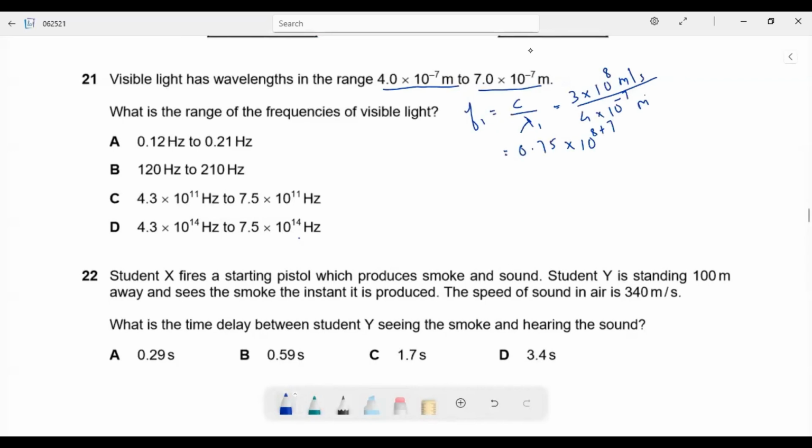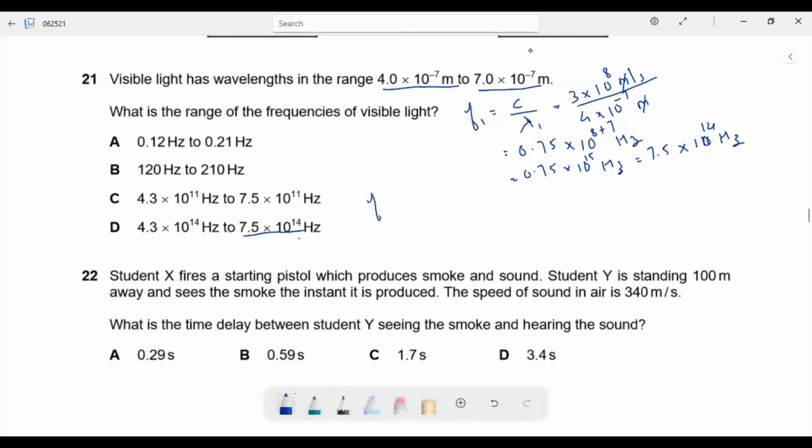So meter will get cancelled. 1 by second, that is hertz. So 0.75 into 10 raised to 15 hertz. This can be written as 7.5 into 10 raised to 14 hertz. So in this choice, they got 7.5 into 10 raised to 14 hertz. So D will be the right answer.